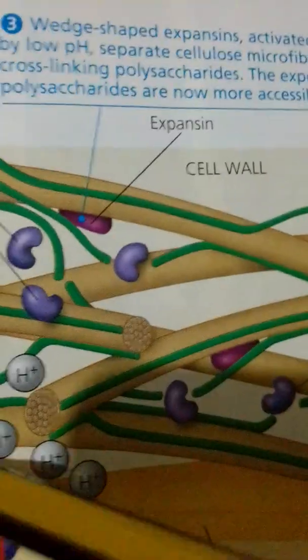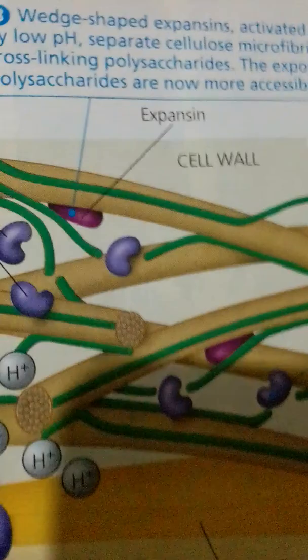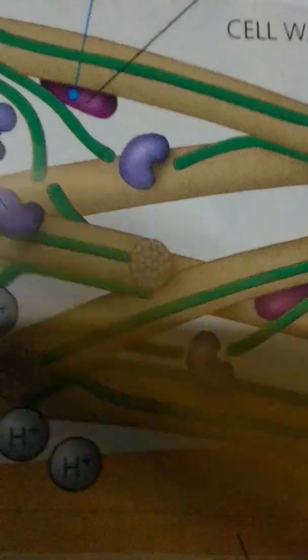Notice when auxin increases the activity of a proton pump, notice H+, the cell wall becomes more acidic. Notice that expansins, activated by low pH, separate cellulose microfibrils from cross-linking polysaccharides.